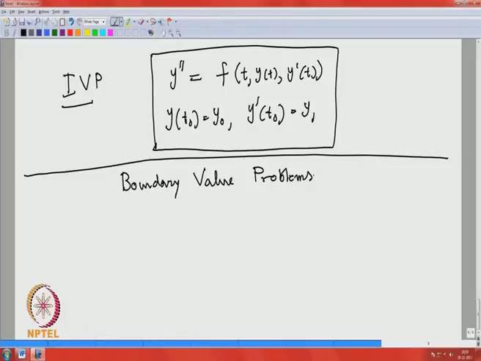Quite often the second order equations may be defined in just an interval a b. There are many applications, especially equations coming from Sturm-Liouville systems representing mechanical problems and vibration problems.